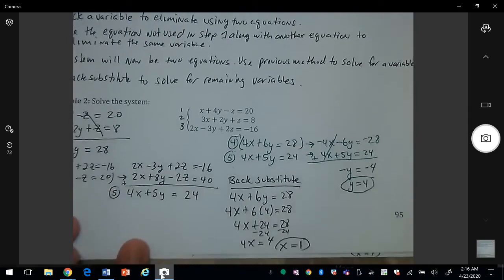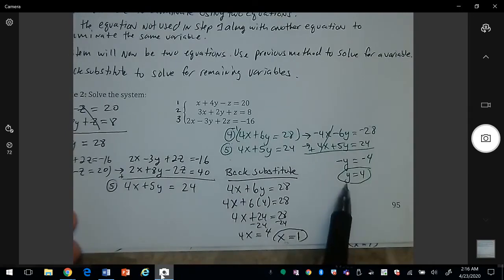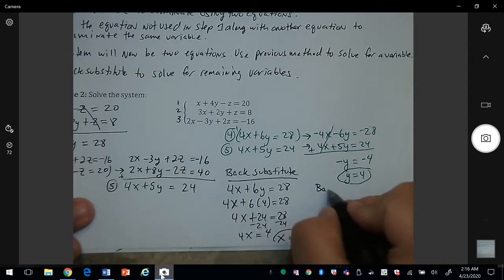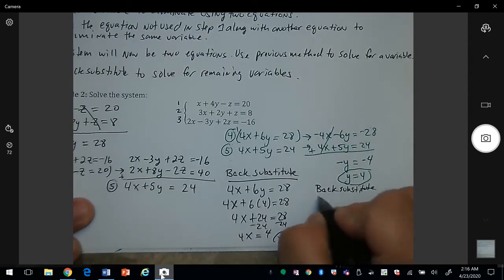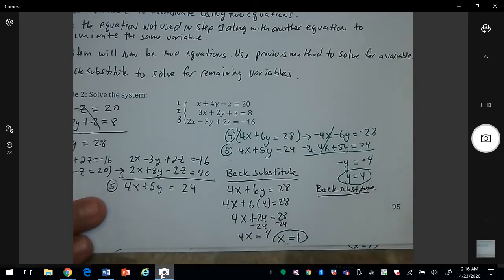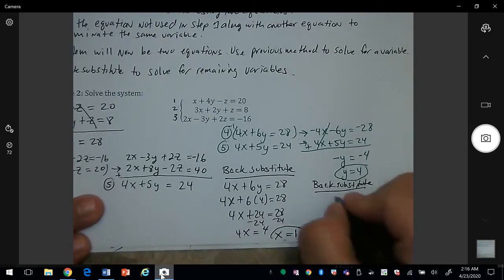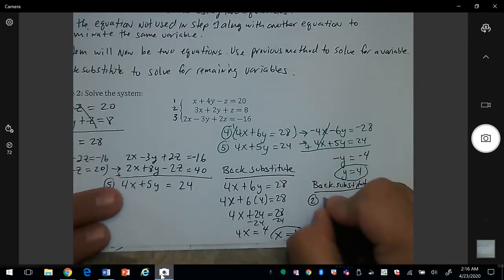Now that we know that x is equal to 1, y is equal to 4, then we can back substitute into one of the original equations. Let's choose number 2. Again, it can be any equation.